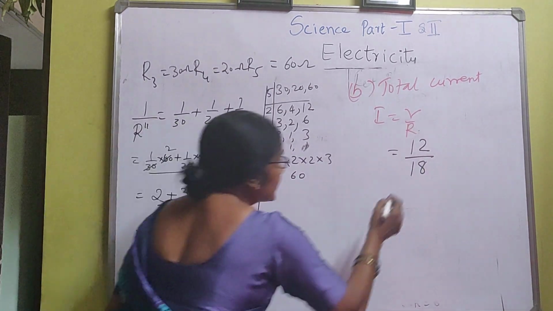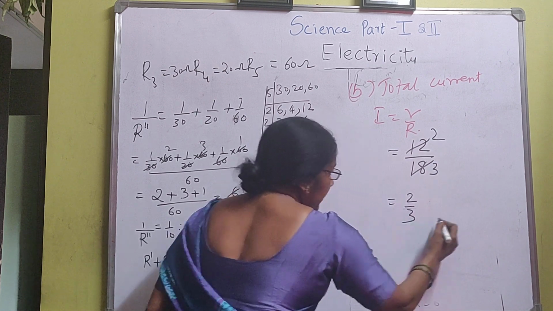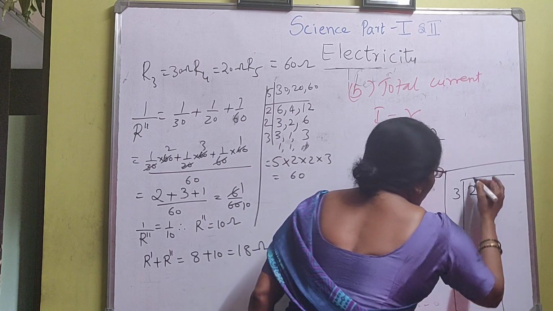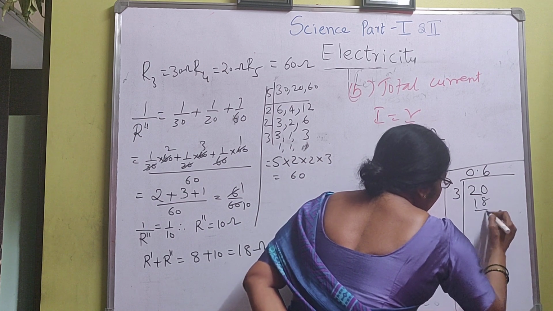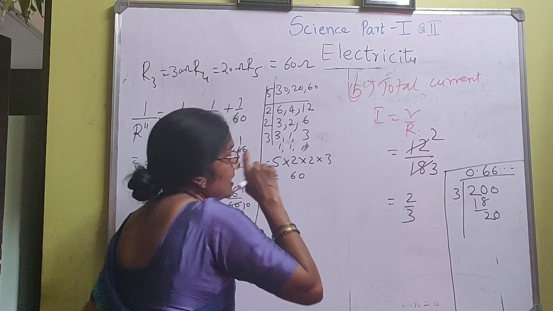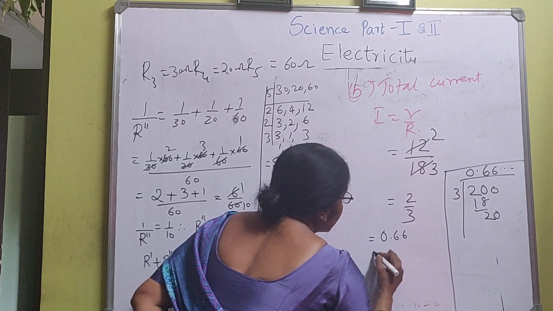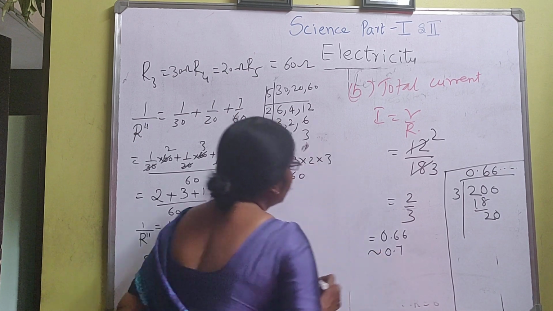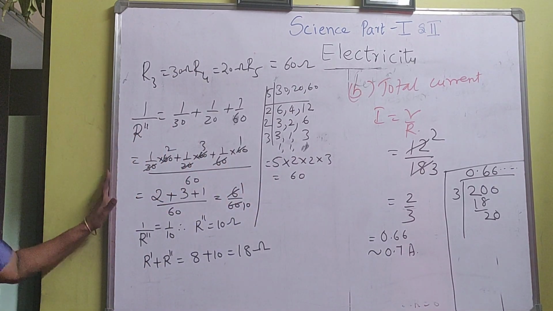If you reduce this, 6 2s are 12, 6 3s are 18, 2 by 3. Let us divide 2 by 3. It won't end, it keeps repeating, so it is equal to 0.66. If you approximate, it is 0.7 ampere. That is the current flowing in this particular circuit.